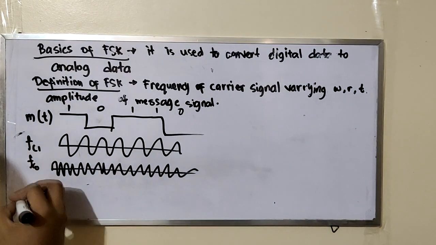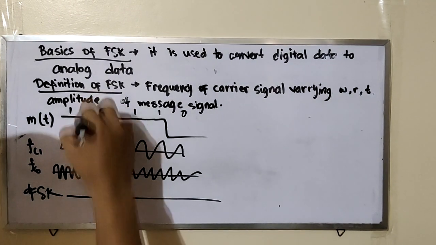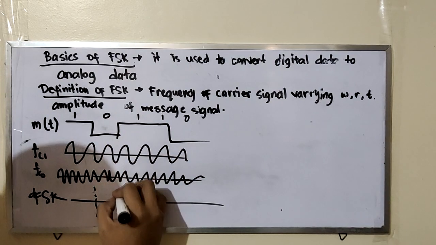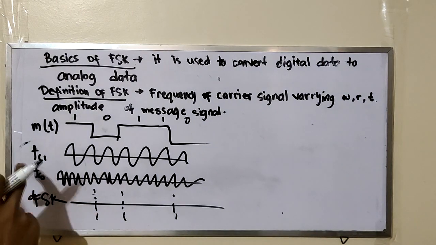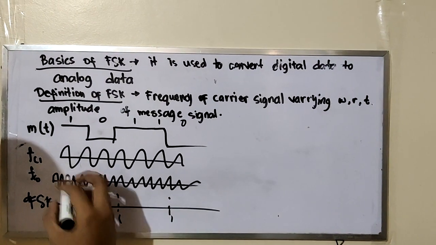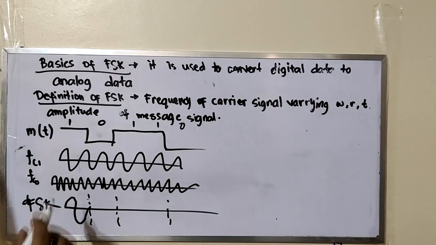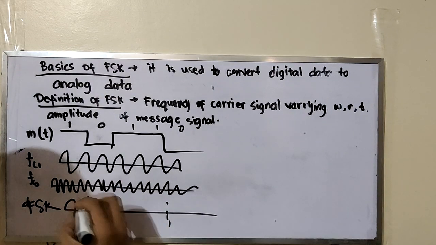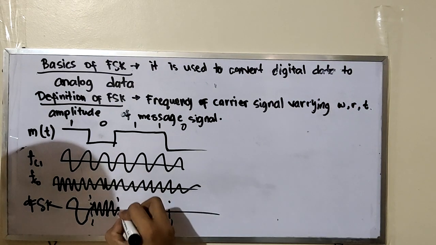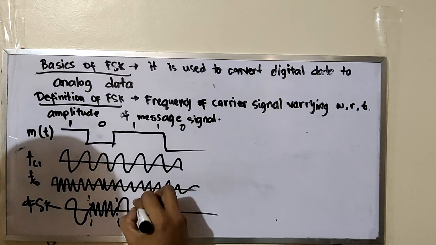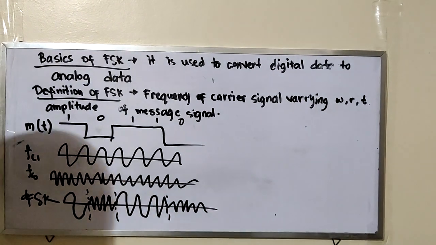Ang FSK natin ay ito: sa 1, maghahati tayo dyan, 0 and then sa 1. Ang 1 represent ng FC1, tapos ang FC0 para sa 0, FC1 again, and then FC0. So, yon.